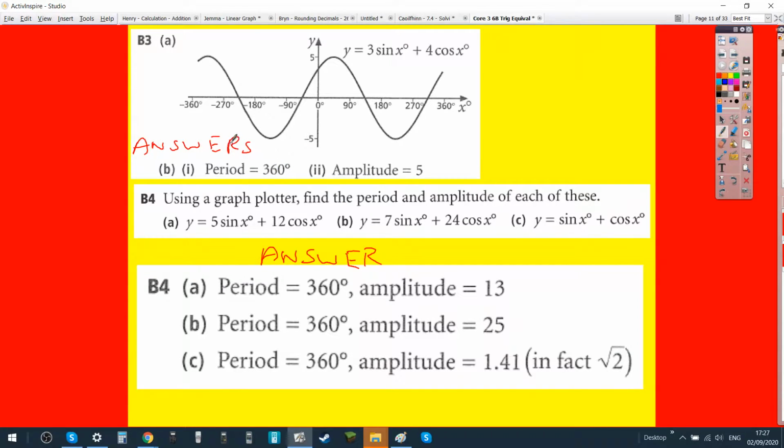For our one up here, 3 and 4 gave us amplitude 5. 5 and 12, amplitude 13. 7 and 24, amplitude 25. 1 and 1, amplitude root 2. Can you find some connection?